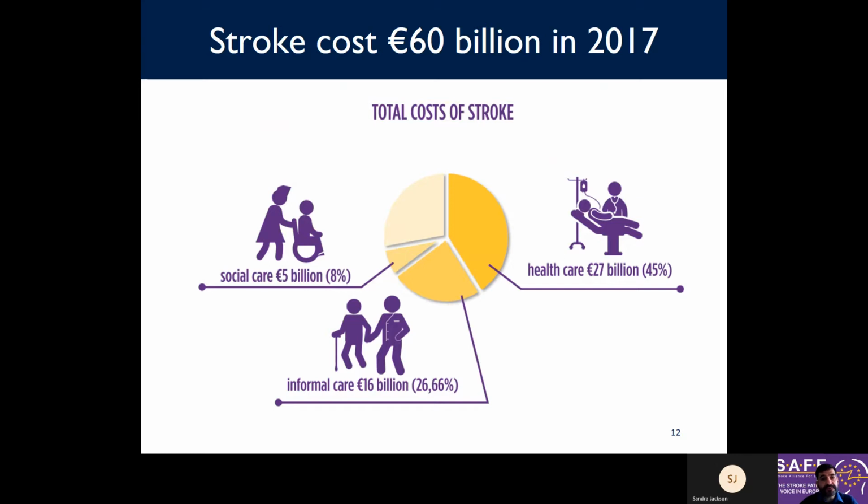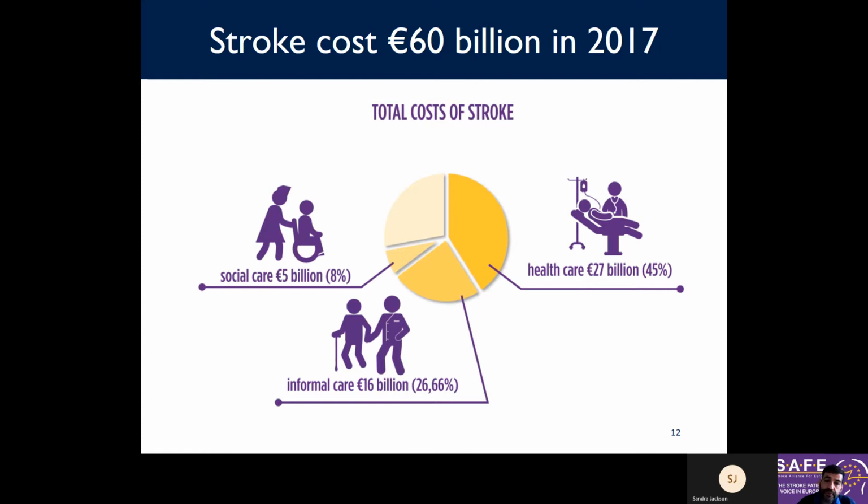Our headline results were that stroke cost Europe 60 billion pounds in 2017, but as you can see from this graph, costs were distributed more or less evenly across all areas of society. 27 billion euros of costs were in healthcare, the majority of that cost being in inpatient care. 16 billion of that cost was in informal care, i.e. the cost of the time of work or leisure foregone by carers.